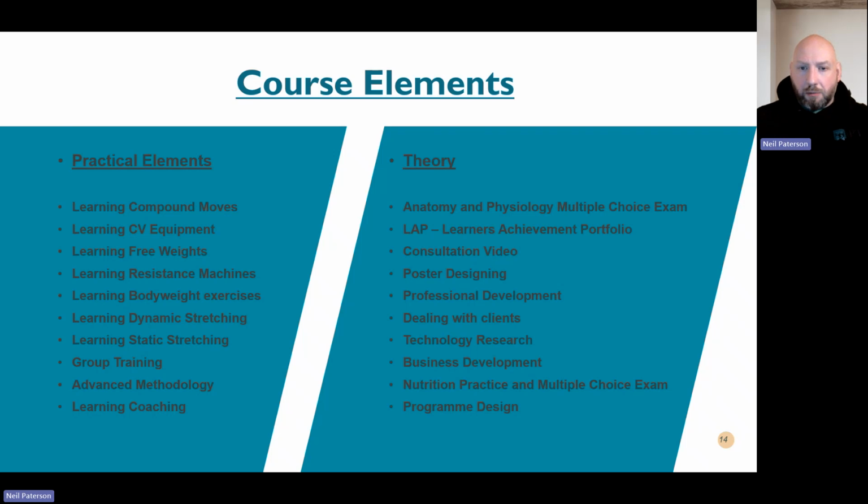Each unit, there will be different questions to answer, and there will be additional things in that LEP for you to do, different tasks such as poster design, and really it helps you to start to understand the course. And you can obviously go back and look at your answers. You will be marked as you go along with the portfolio. And at the end of the day, we then keep that as part of evidence that you have passed the course.